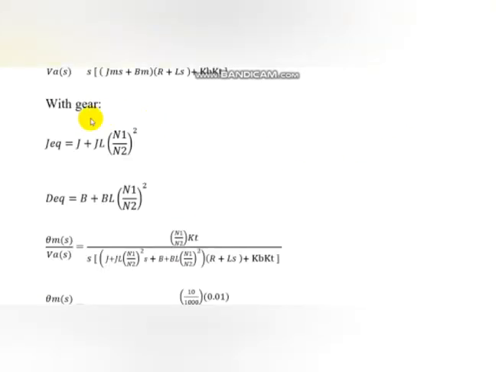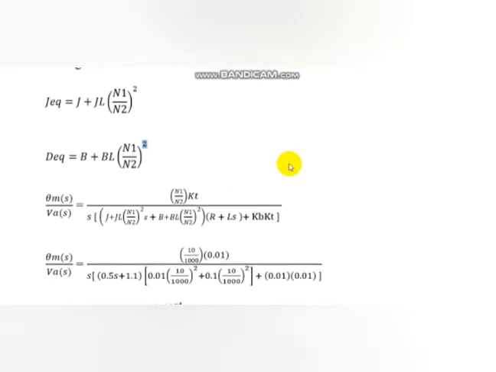So I will continue to the gear ratio calculation. We got JEQ equal to J plus JL times (1 over N2) to the power of 2, and DEQ will be B plus BL times (1 over N2) to the power of 2.